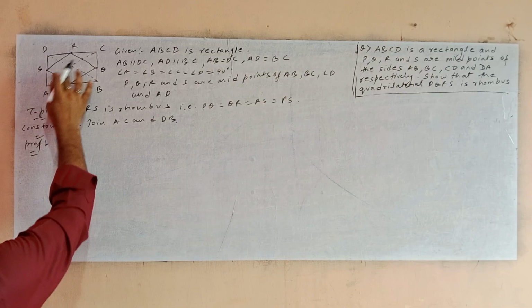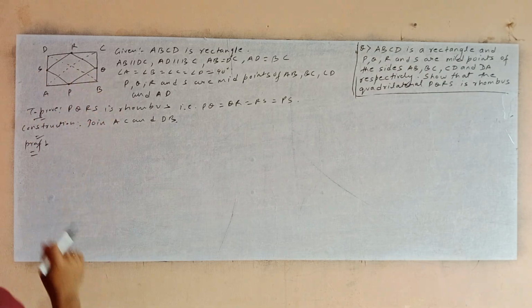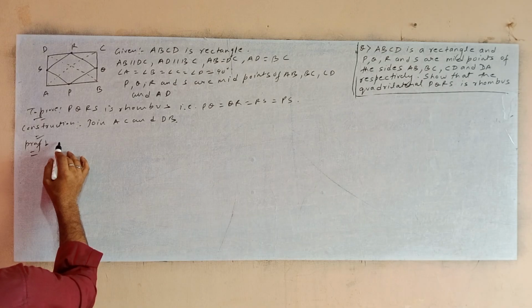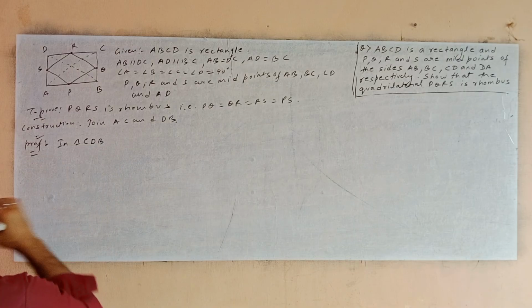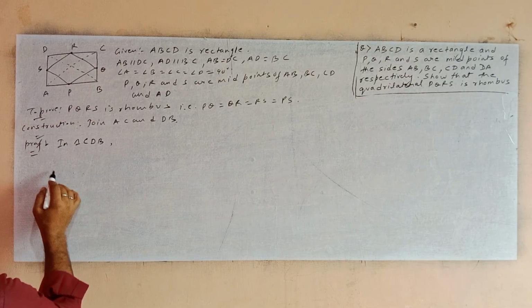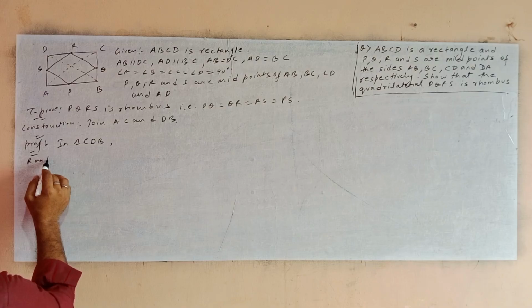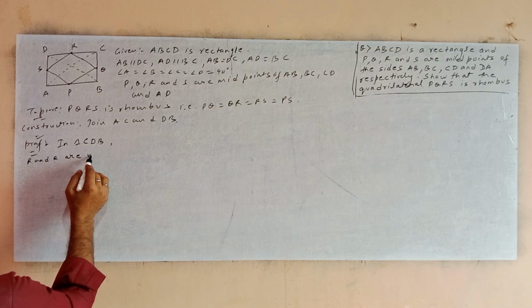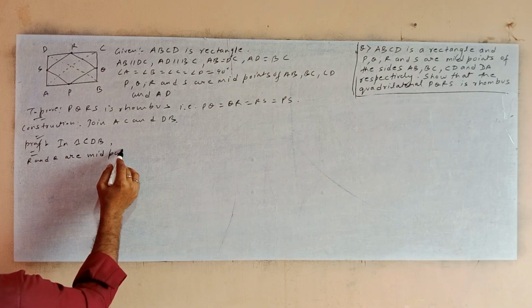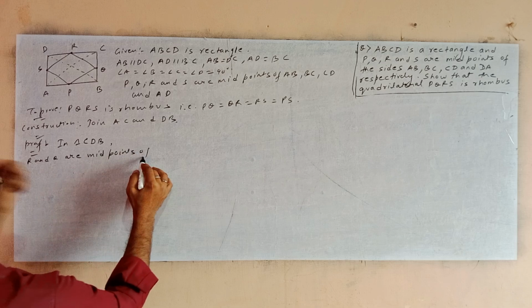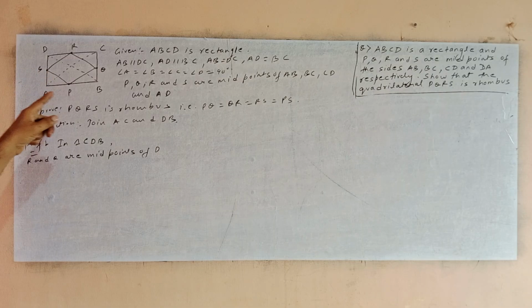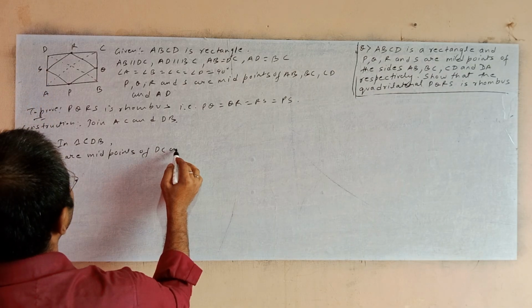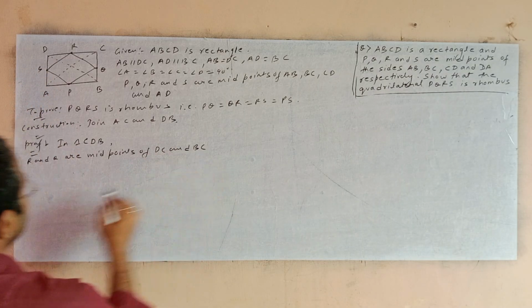Right here. Similarly, in this triangle also, by comparing, you will get that it is equal. So in triangle CDB, R and Q are midpoints of DC and BC.